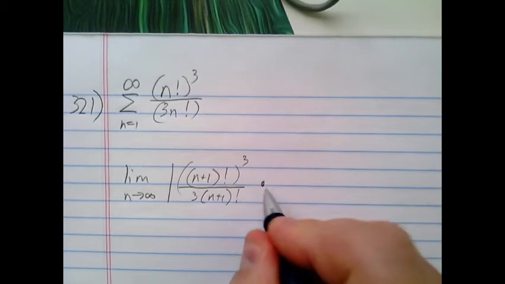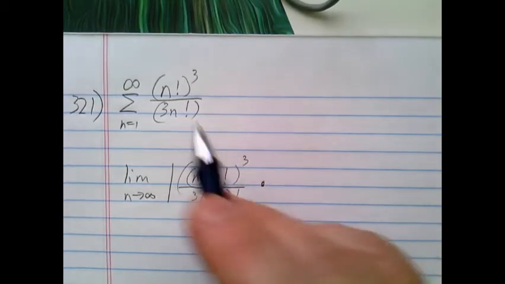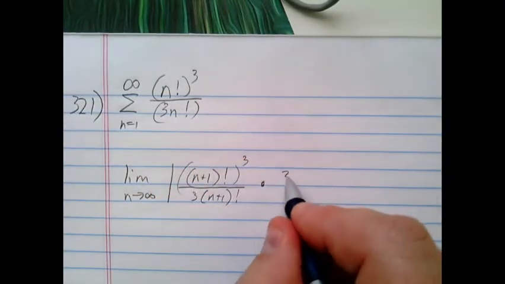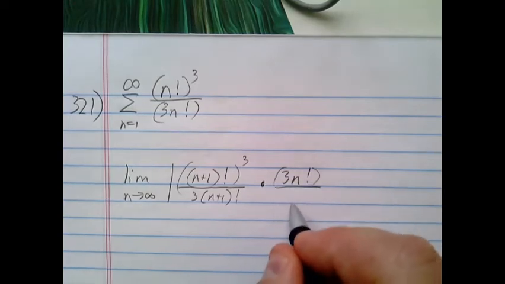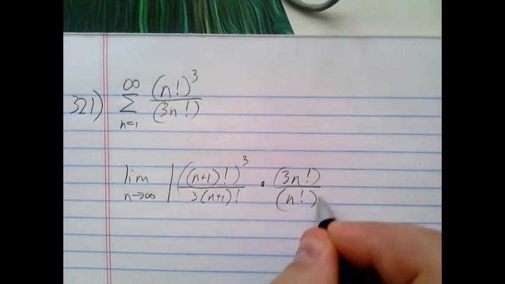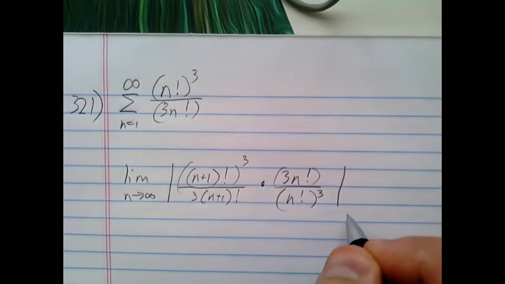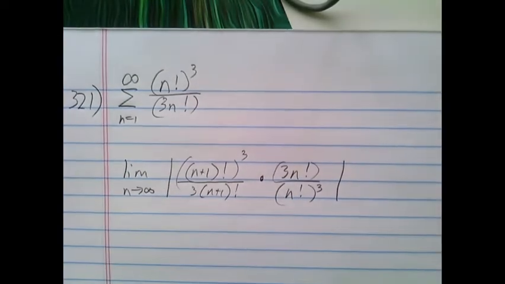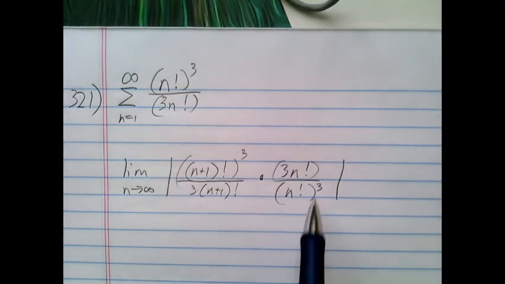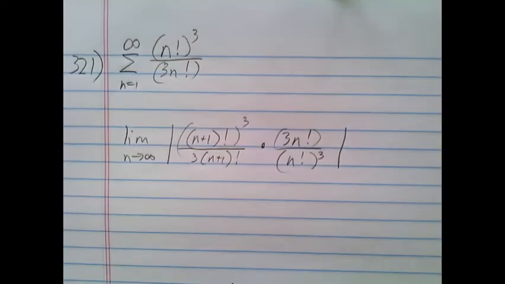And then we're going to multiply by the reciprocal of just the n term. So we'll flip this fraction over. We'll put the 3n factorial on the top over the n factorial cubed. Alright, now since everything is positive, I can go ahead and drop these out, but I always put them there in the beginning just so that I don't forget that we're really taking the limit of an absolute value. Okay, sometimes that matters. We'll see more examples like that later.